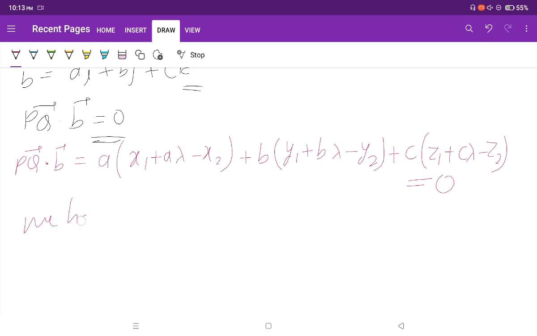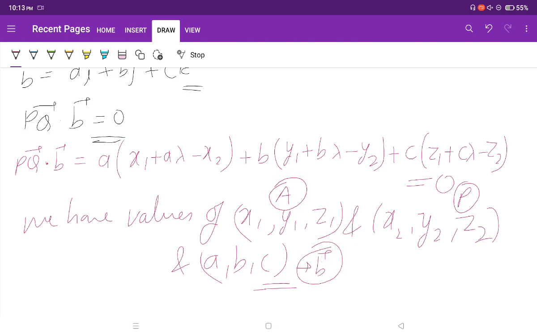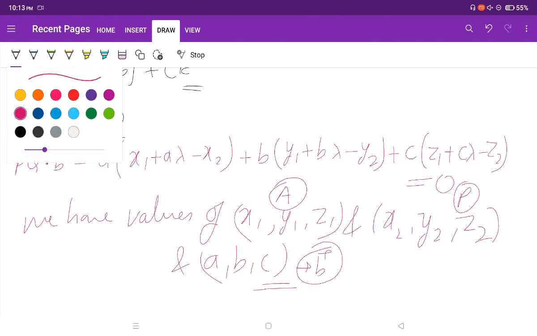So we already have the values of x1, y1, z1 and x2, y2, z2, and a, b, c. Because this is point P, the given point, say A, and this is the B vector. All these things will be given to us in the questions.